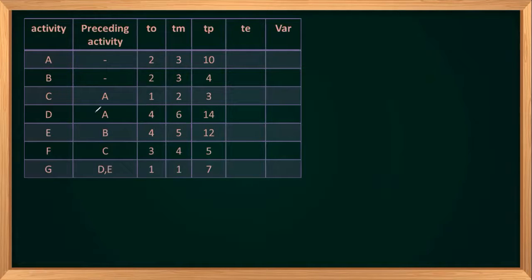In this example, we are not going into the details of constructing the network; that we'll discuss in other classes. We are also given the optimistic time, most likely time, and pessimistic time for the individual activities. Now we have to get the estimated time and the variance.